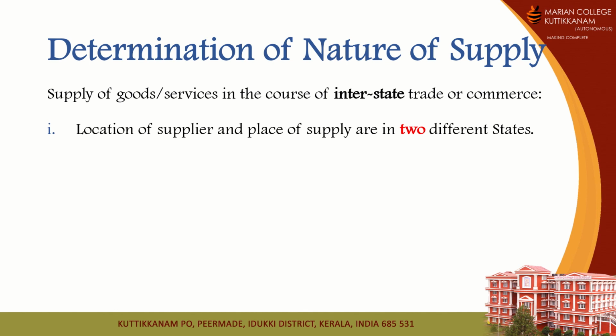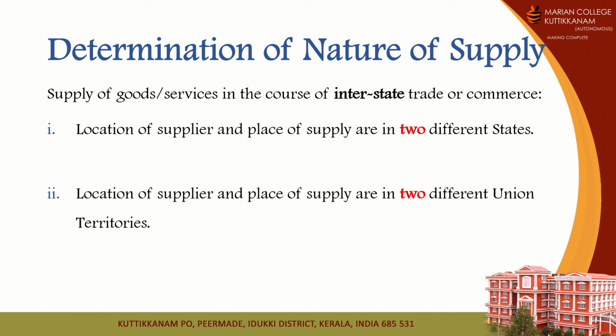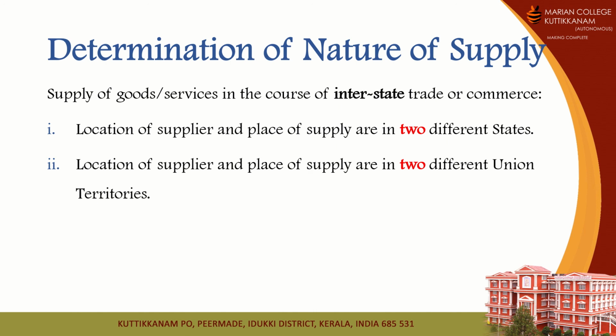The location of the supplier and the place of supply are in two different states, because it is interstate. Then it is an interstate supply. 2. When the location of supplier and the place of supply are in two different union territories, it can be termed as an interstate supply.